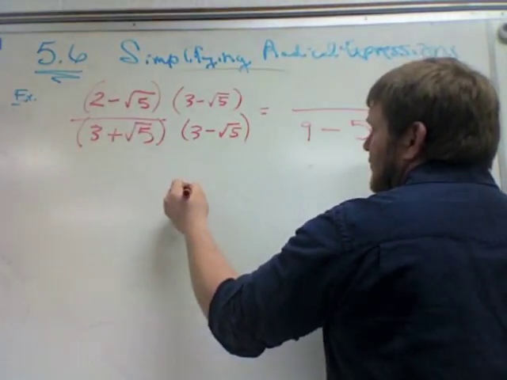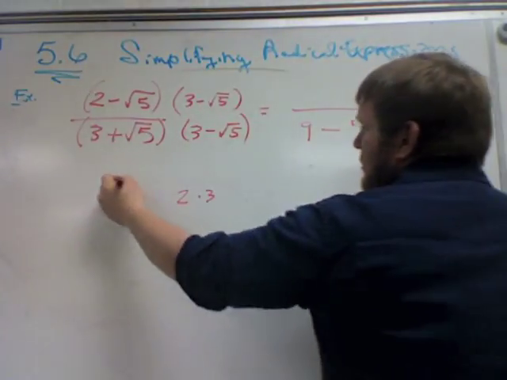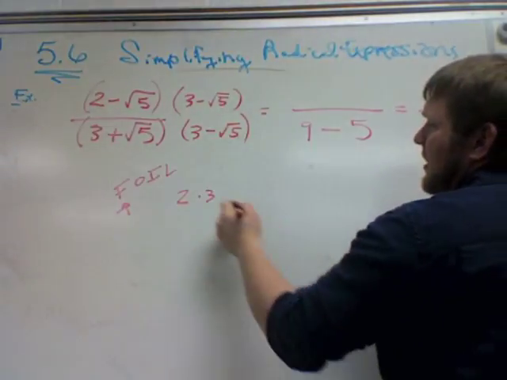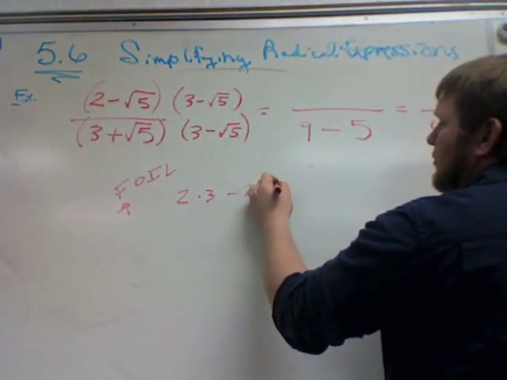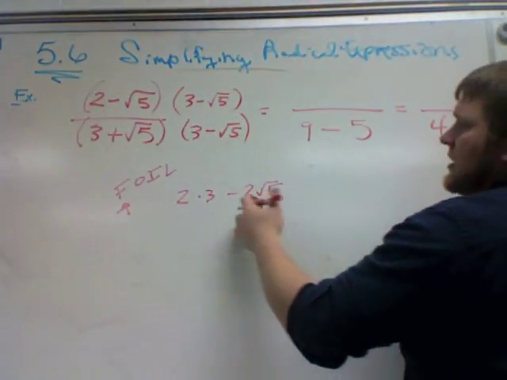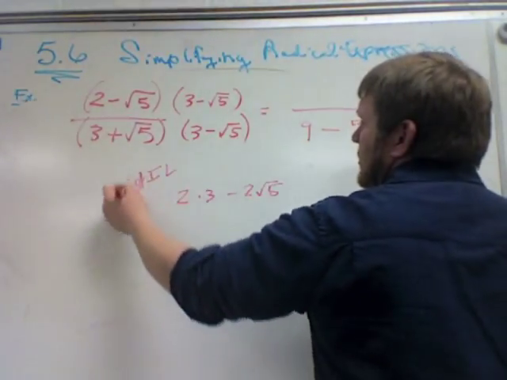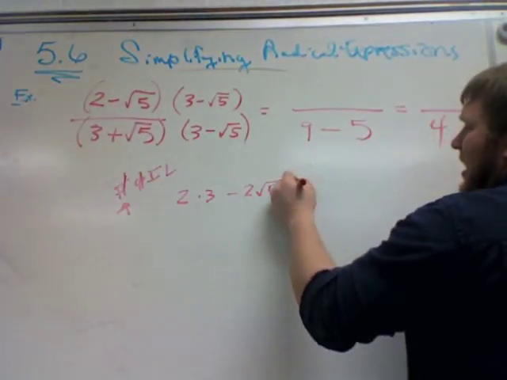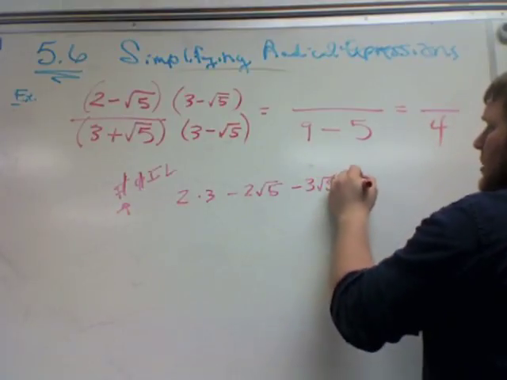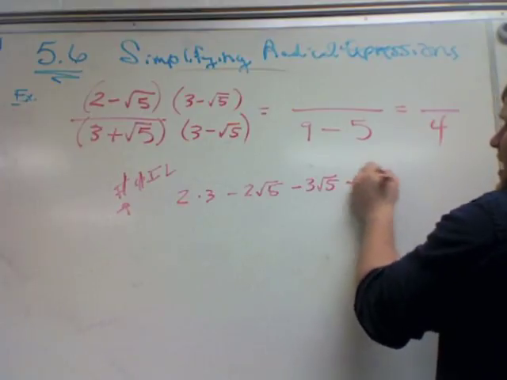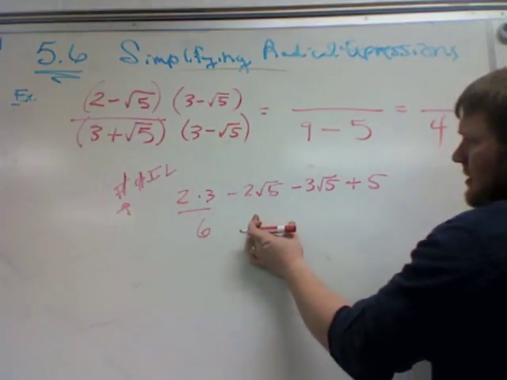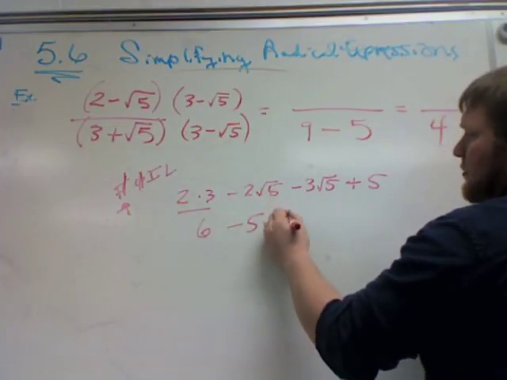2 times 3 is my FOIL. That's my F. My outside terms is going to be a negative 2 square roots of 5, because 2 times the negative square root of 5 is negative 2 square roots of 5. That's my outside terms. My inside is going to be a negative 3 square roots of 5. And then my final terms is going to be a plus 5. So I have 6 minus 5 square roots of 5.